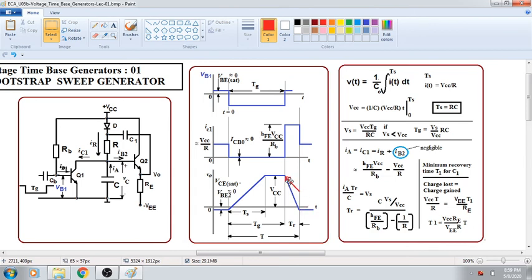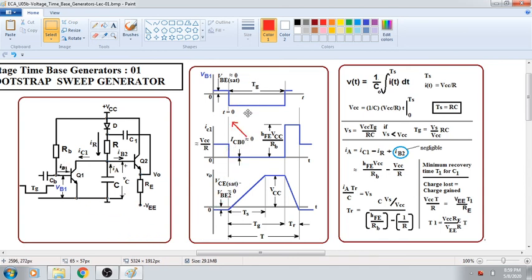So it will quickly retrace. So this is the scan time, and this is the duration of the gate, and this is the retrace time. Just remember these points, and all the important formulae we will understand in the next lecture. So just remember the circuit and these waveforms.